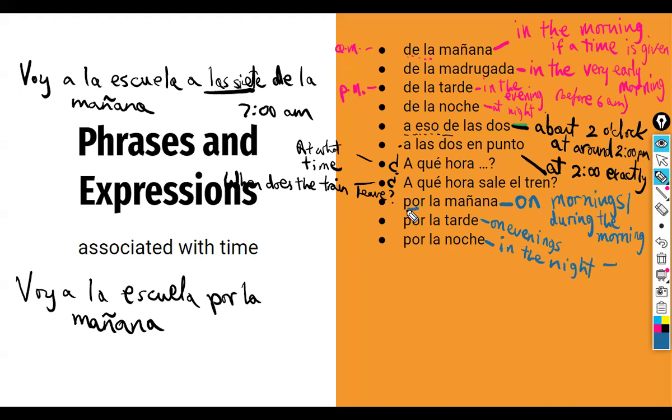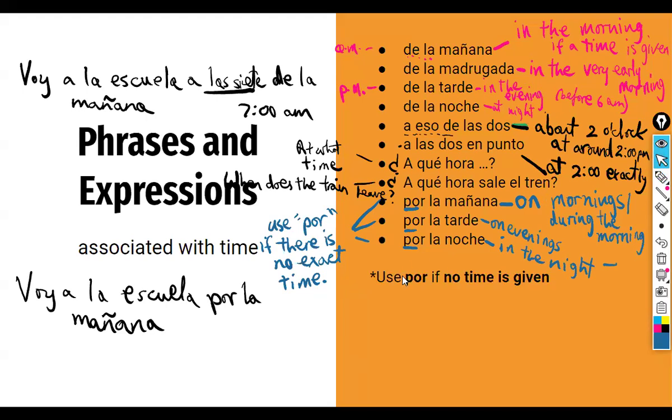Okay, and just a reminder, use por if there is no exact time given, right? I have this down here.